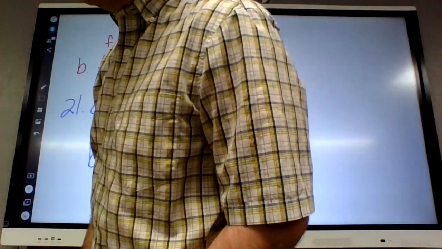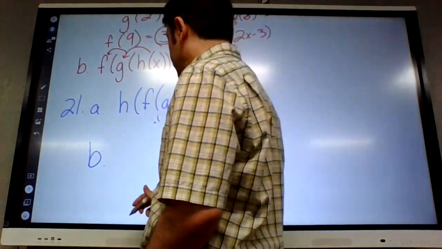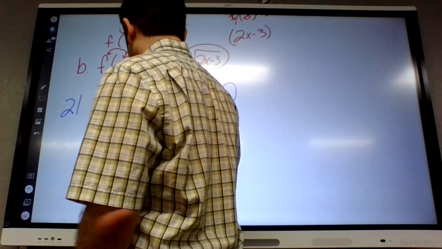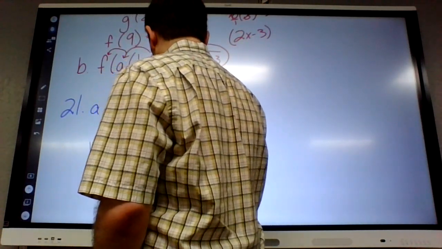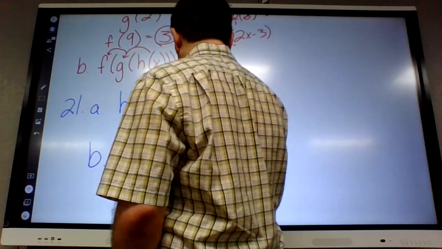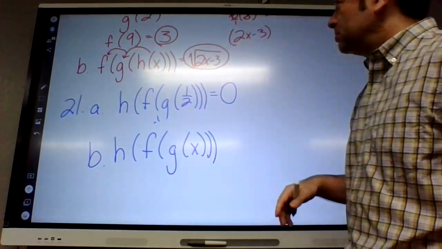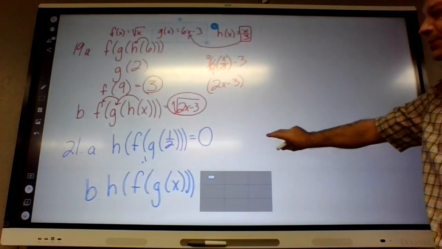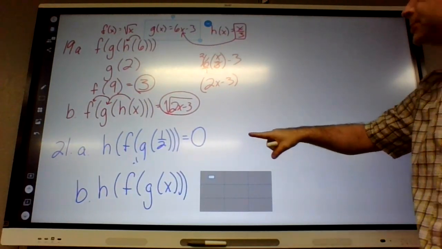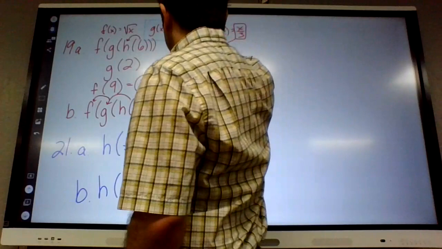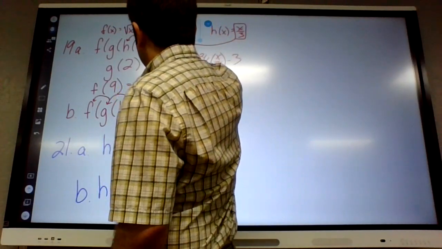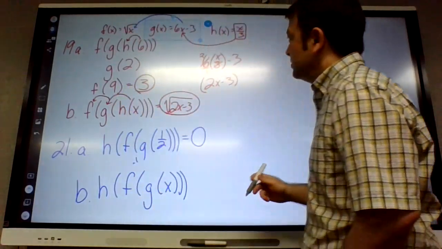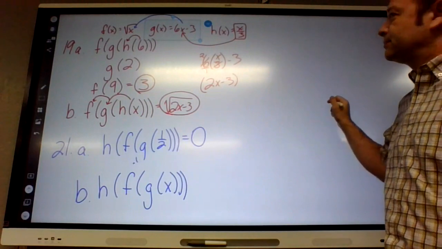Alright, Leo, you do this one. H of F of G of X. Alright, so we're going to put the G function, G of X, into the F function. That's going to go right there. So what will that be?